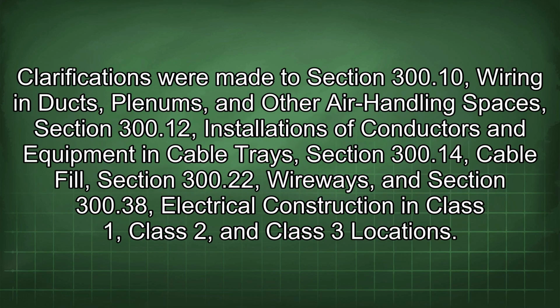Clarifications were made to Section 300.10, wiring in ducts, plenum, and other air handling spaces, Section 300.12, installations of conductors and equipment in cable trays, Section 300.14, cable fill, Section 300.22, wireways, and Section 300.38, electrical construction in Class 1, Class 2, and Class 3 locations.